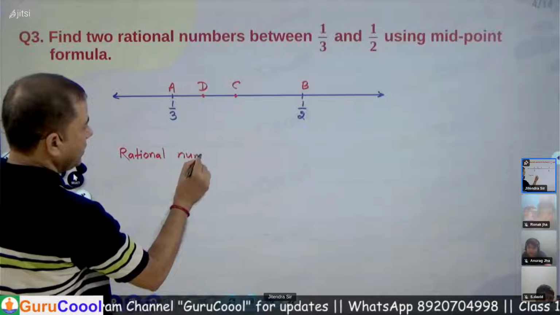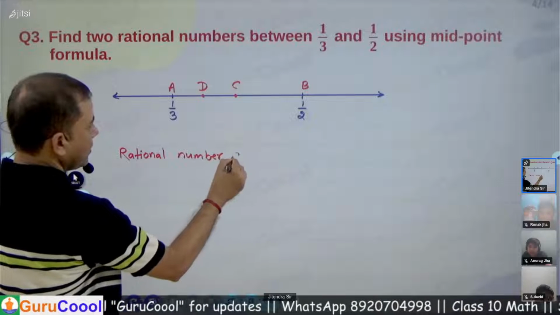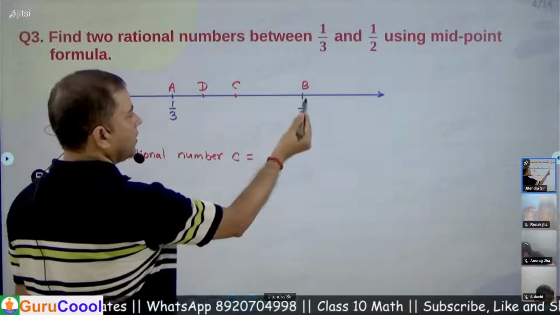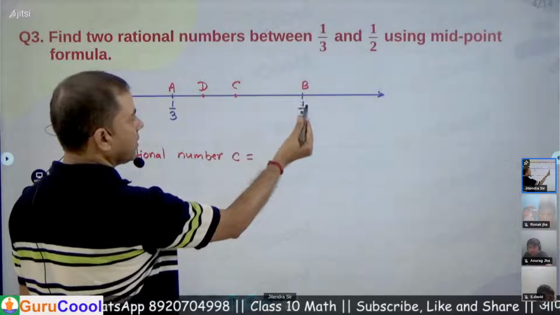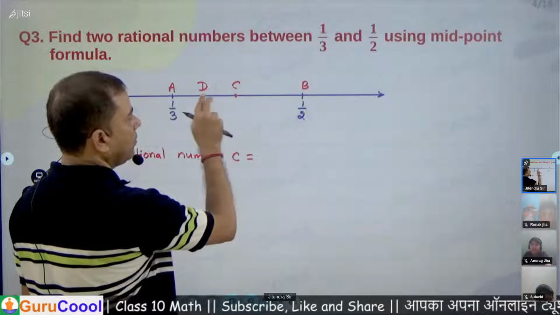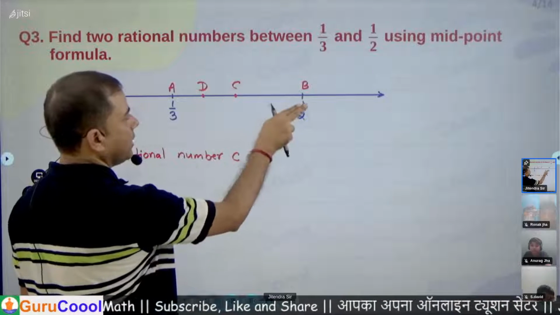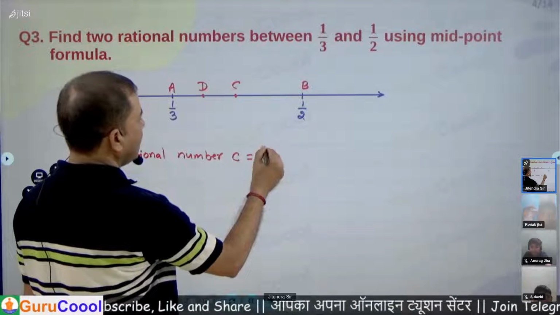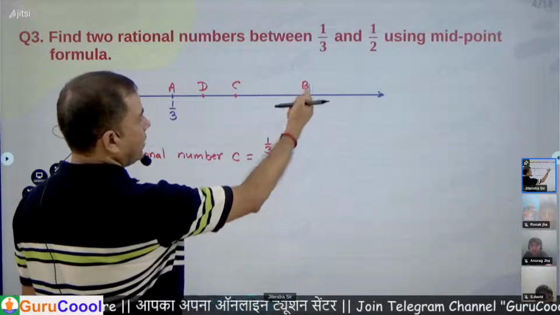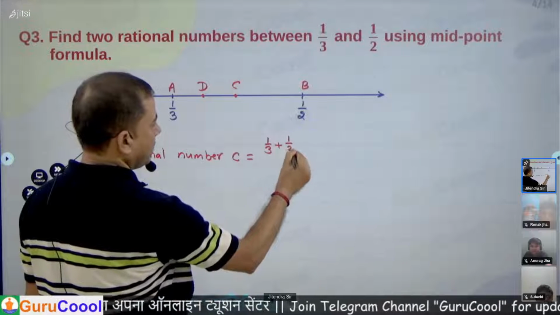Rational number C is equal to, you will add the two extreme numbers A and B, because C is the mid, the center of A and B, right? So add A, meaning 1 by 3, with B, meaning 1 by 2.